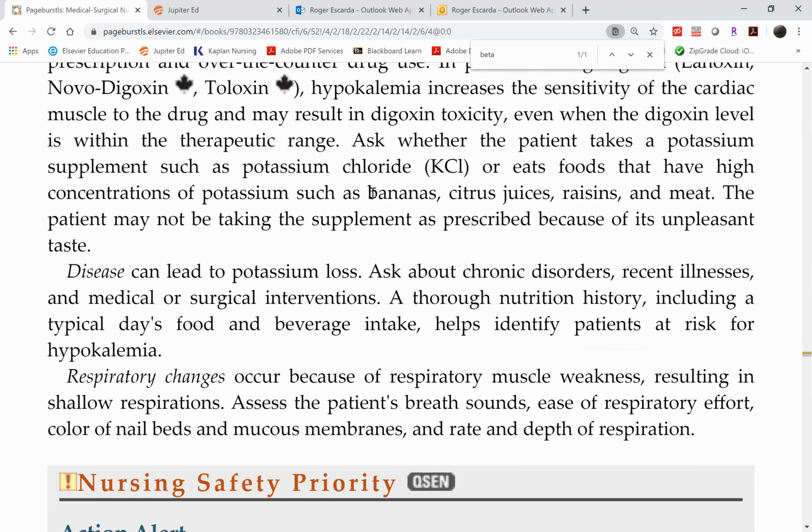Most fruits have potassium, but especially if you dry the fruit, it releases the potassium from inside the cells of the fruit and retains it in the dried form. Most meats have potassium, so pretty much anything you eat most likely contains potassium.